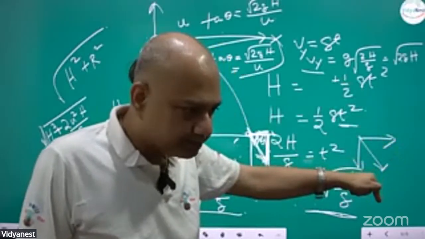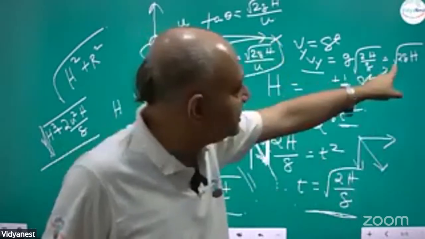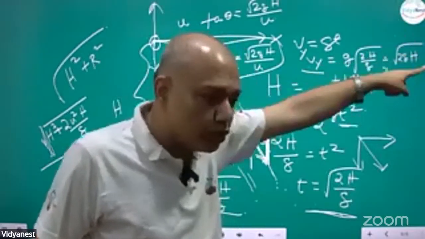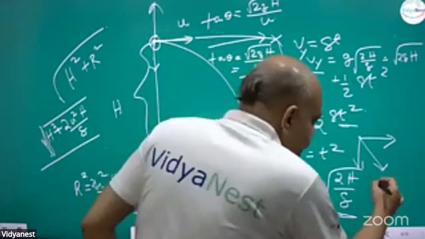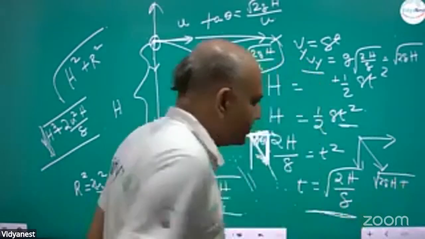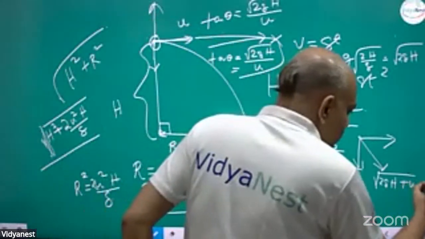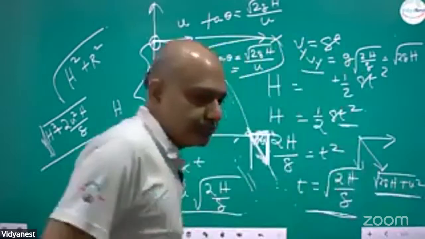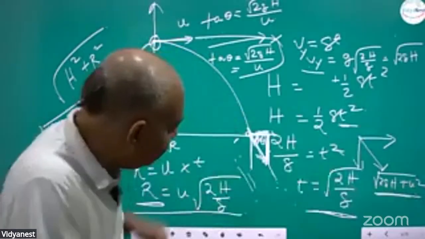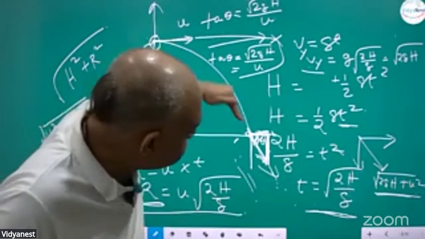What is the vertical velocity Vy? If I square root over 2gh, it is only 2gh, plus u square horizontal. So root over 2gh plus u square. This is the final resultant velocity with which the particle is striking the ground.